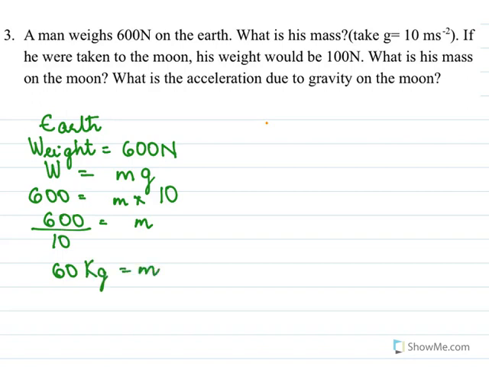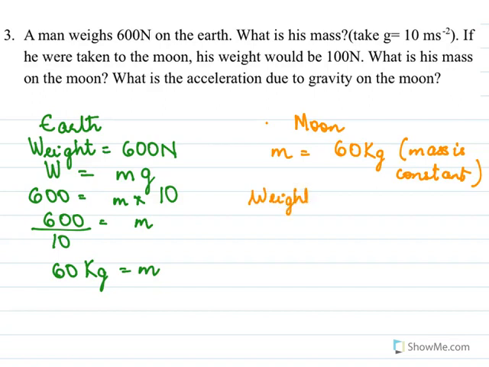Now we need to remember that the mass of an object is always constant. So when he goes to the moon, his mass will again be 60 kg only. It will not change. Mass is constant. However, his weight on the moon will be equal to weight on earth divided by 6.